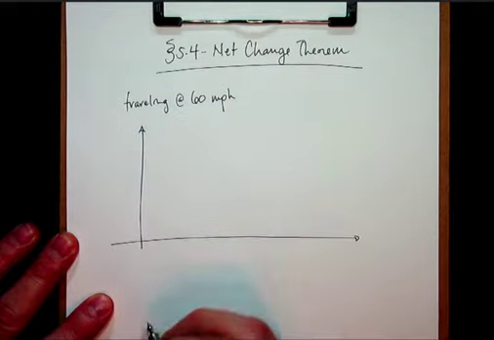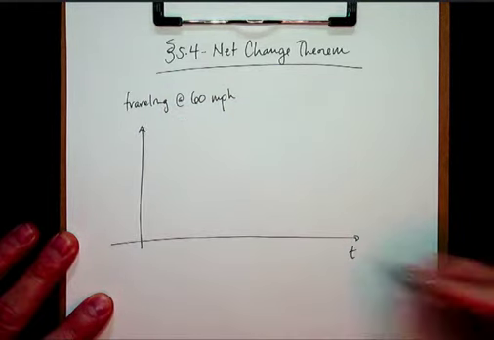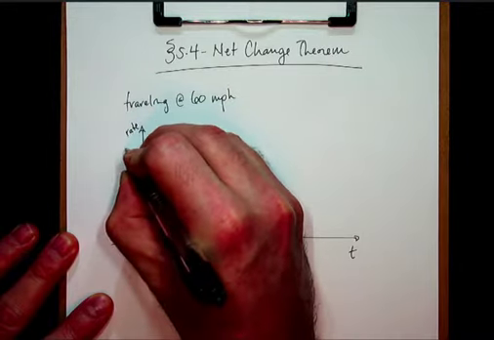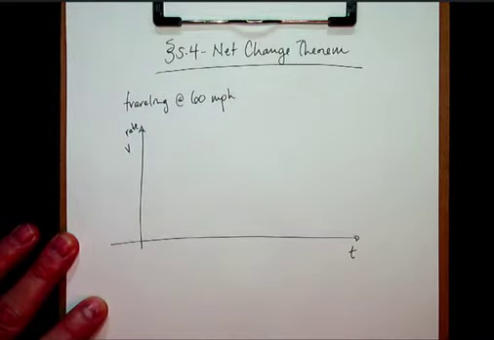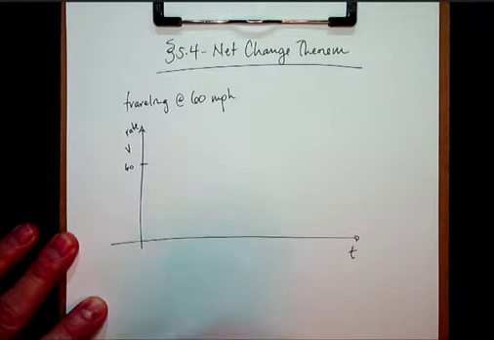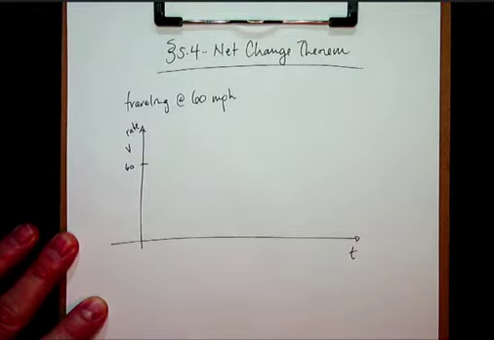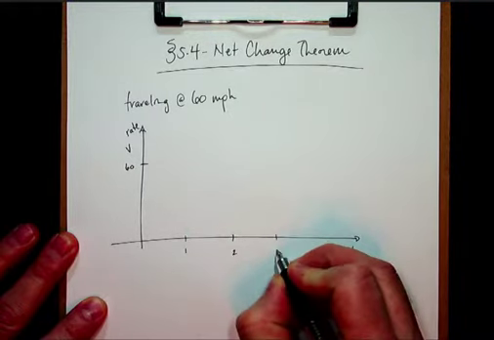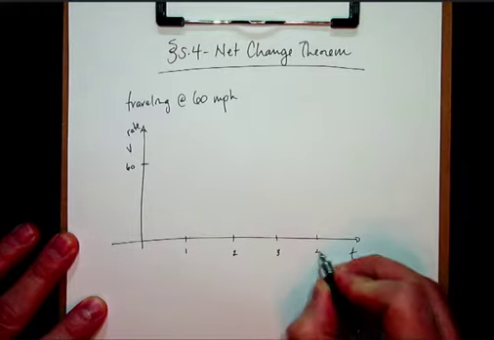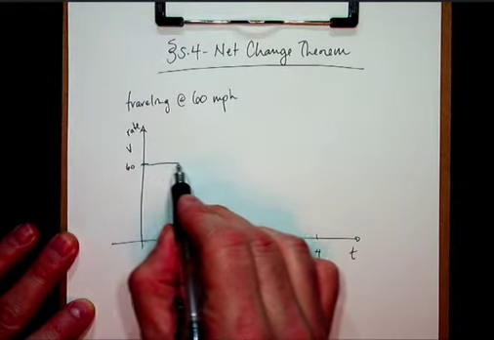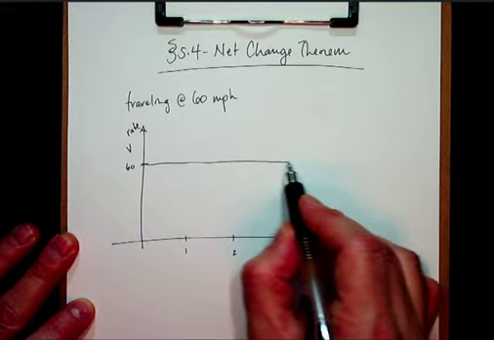This is time, this is rate, or what we'll call velocity. Let's say right there is 60. Here's 1 hour, here's 2 hours, here's 3 hours, here's 4 hours. Now, if you were to chart that as a constant, let's say you got your cruise control on and there's no traffic.